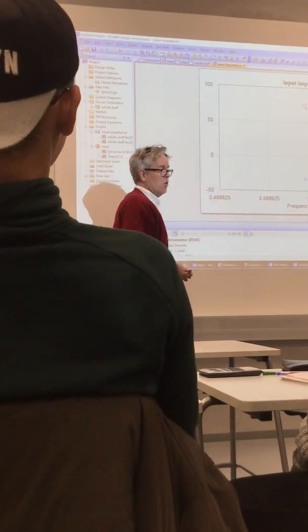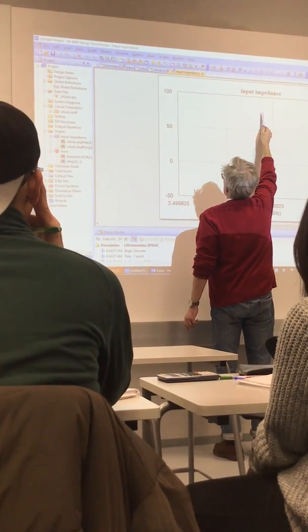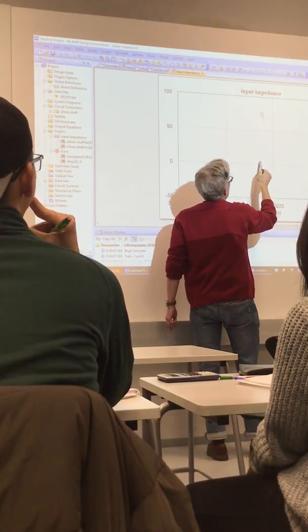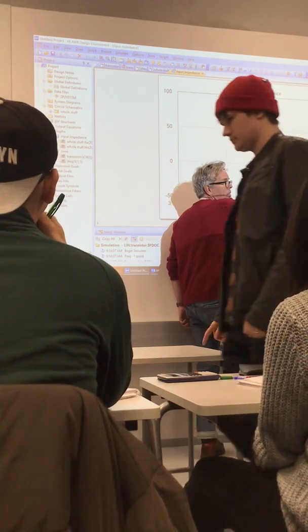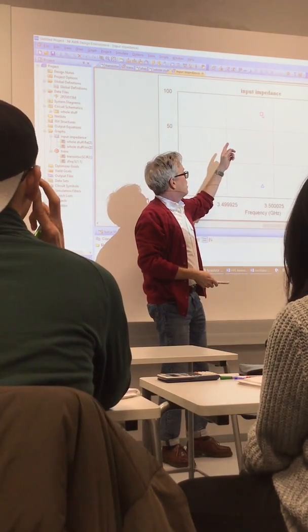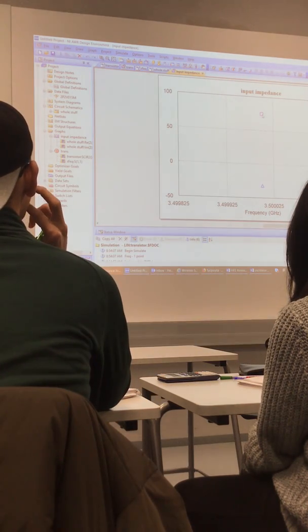You can definitely do it by hand, but I'll just add one component and tune its value until this one moves from here to here. Then it's compensated for.